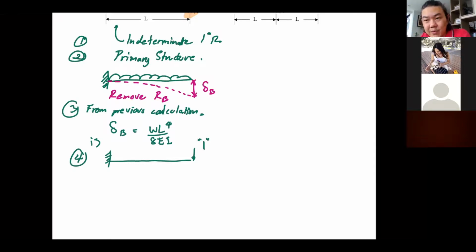So if I am going to use the virtual work, let's say I'm going to integrate from the tip because it's easier. The big M due to the actual load is x, and the small m due to the virtual load is also x.